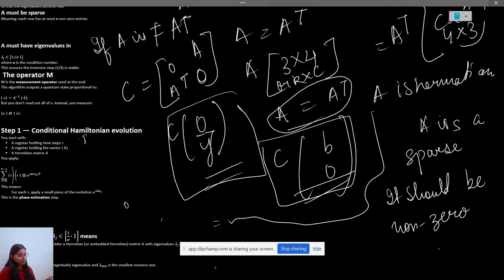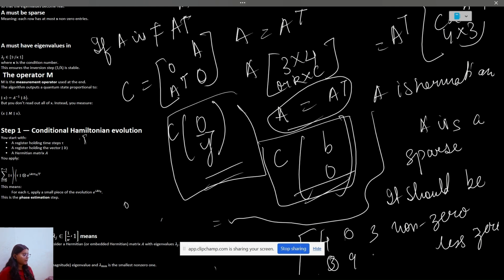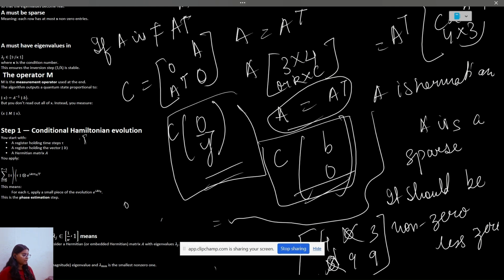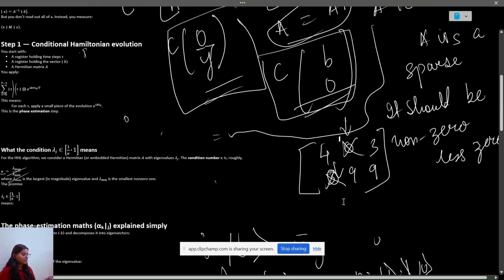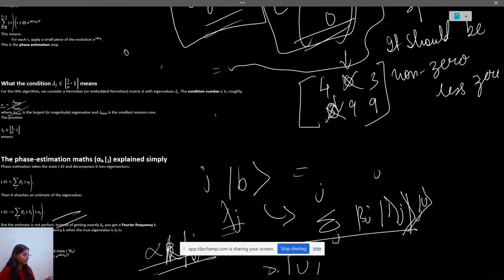The more zero entries it has, the closer it is to a sparse matrix, which is one of the rules with which we can go ahead.